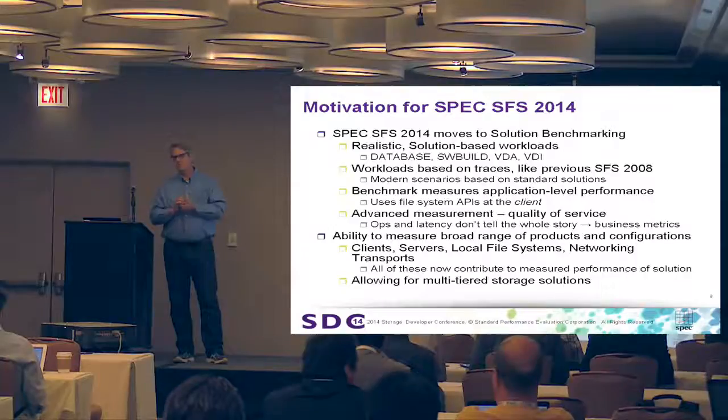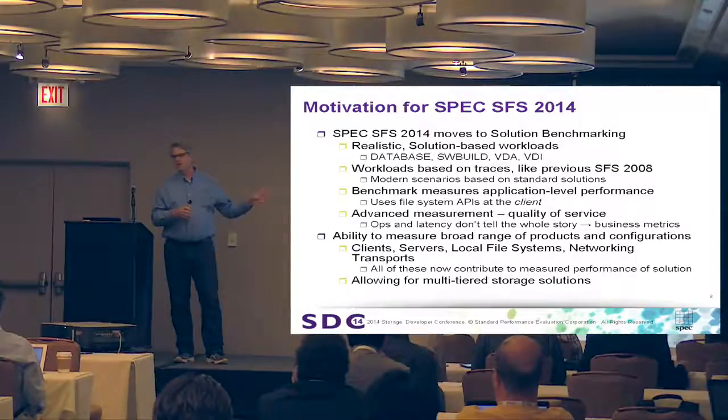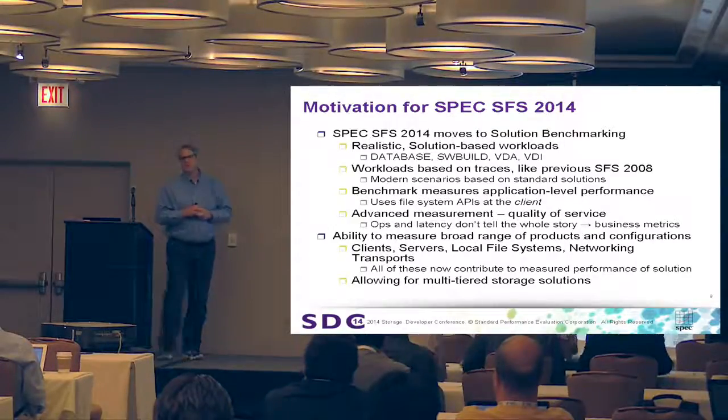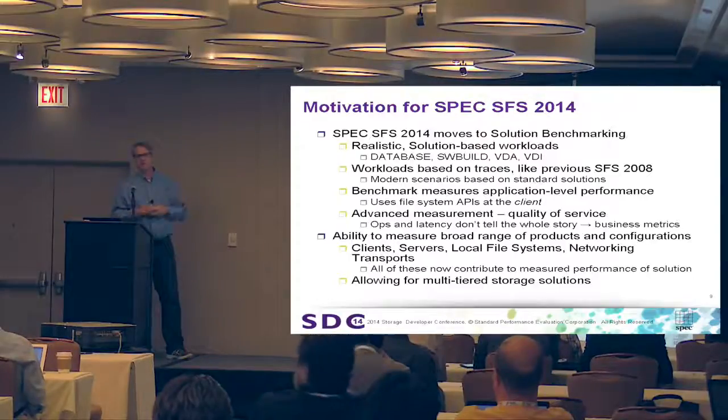In fact, there's been a couple of results that have been received and published recently for the 2008 benchmark that are exactly that configuration. And this is one of the things, again, while we're not going to measure the tiered portion to the cloud, the run and reporting rules, as we'll discuss later, can account for those types of configurations so that we can be inclusive of the different types of products that exist.